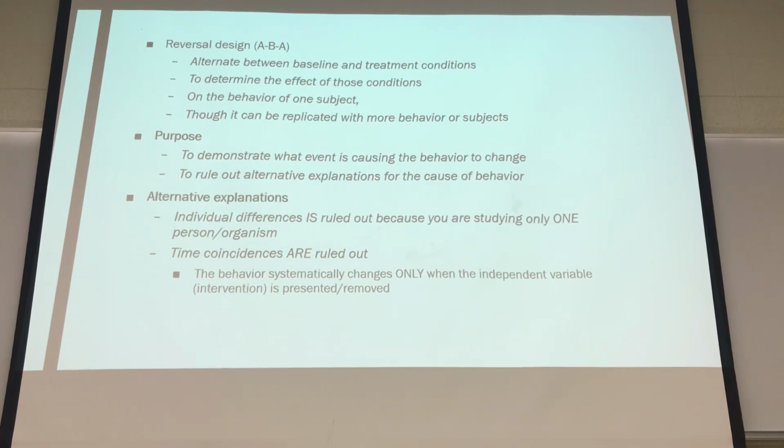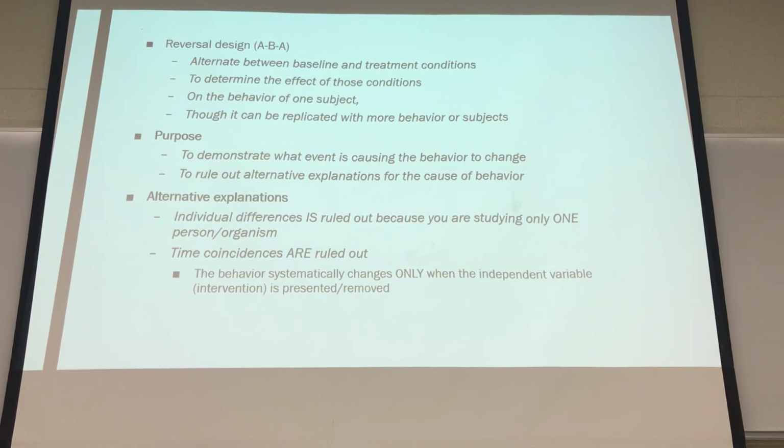Let's talk about a more complex design, not a whole lot, but it also provides an opportunity to rule out alternative explanations. This is called a reversal design. This is where we alternate between baseline and intervention phases to determine the effect of those conditions on behavior.